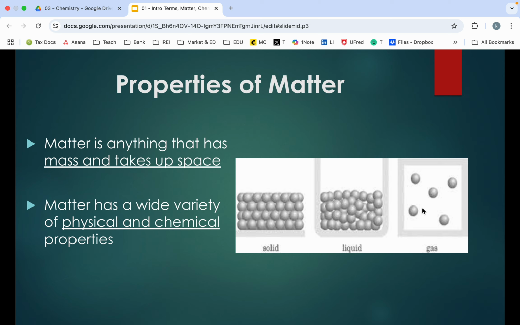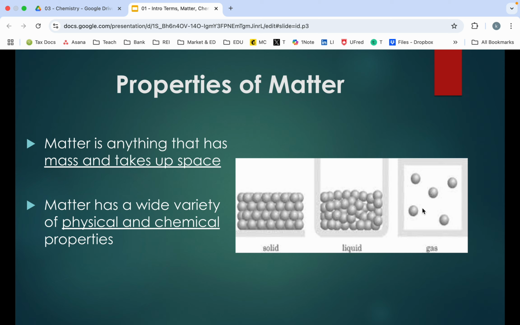Properties of matter. This is an important definition. You should start a definitions page for your chemistry section just because it's a super easy way to keep that all in one spot, and those are very easy questions for teachers to ask on tests. So I recommend you start a definitions page. First definition I would throw down there is what matter is.